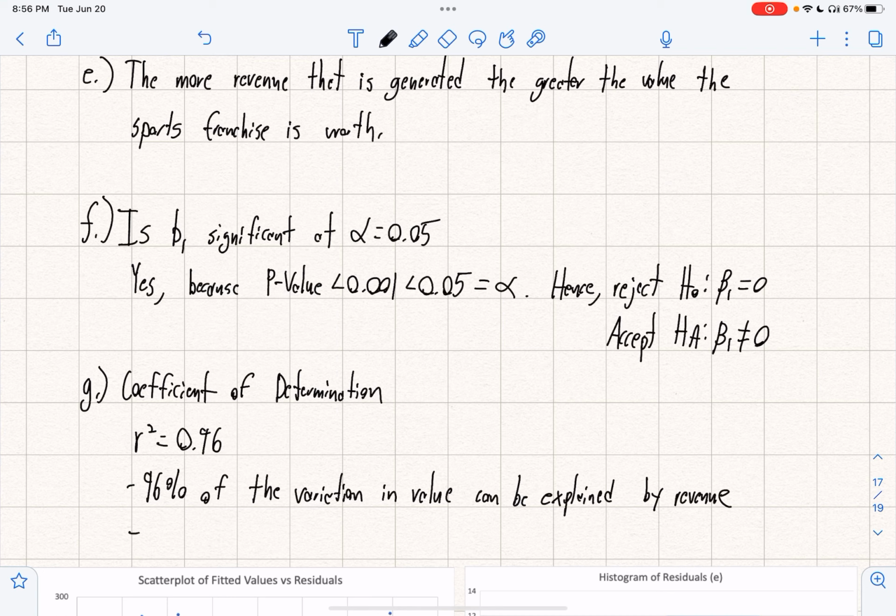And so we would probably say this is a very good model fit. 0.96 is close to 1.